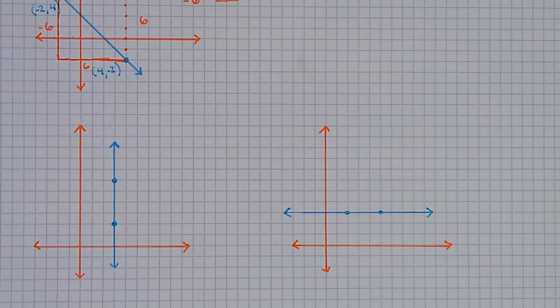First one being a straight vertical line, goes straight up and down. Second one being a horizontal line, going straight left and right.